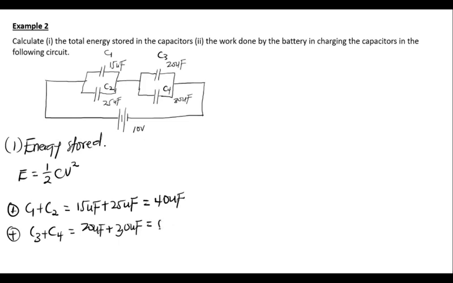which is equal to 50 microfarad. Now if C1 plus C2 is A and this is B, our overall total capacitance for this network will be 1 over CT.